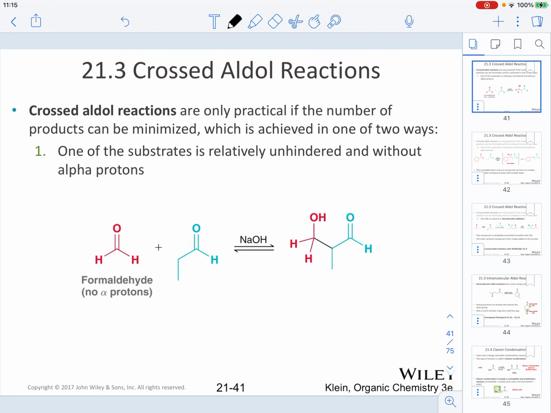Understand that cross-aldol reactions are only practical if the number of products can be minimized, which is achieved by one of two ways.